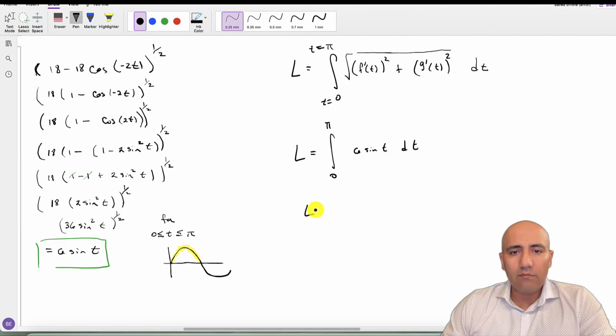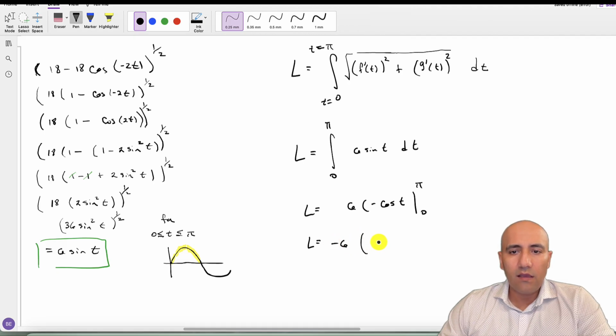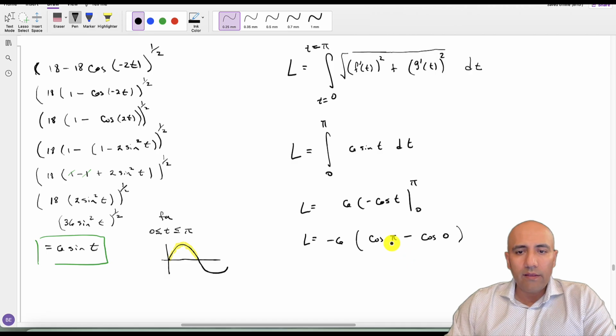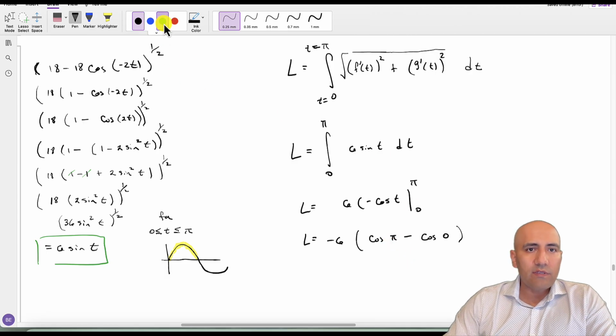Okay, so this then becomes 6 times minus cosine of t evaluated from 0 to pi, which means that the length L is negative 6 times cosine of pi minus cosine of 0. And cosine of pi is equal to negative 1.